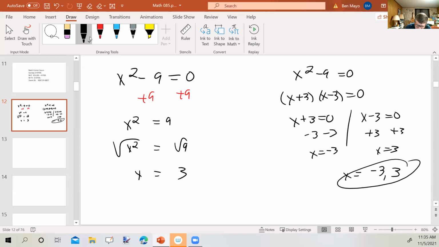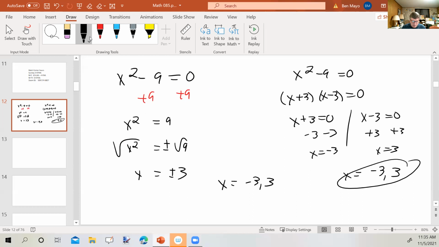In the process, when we take the square root of both sides of the equation, we put a plus minus sign in front of the radical. So we get x equals plus or minus 3. And that plus or minus is an accepted mathematical notation. WebAssign doesn't use it, however, so they would have the two answers listed separately and separated by a comma.